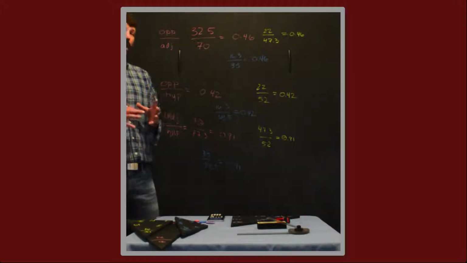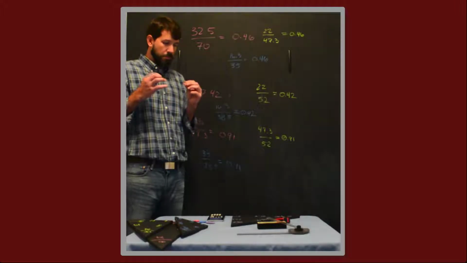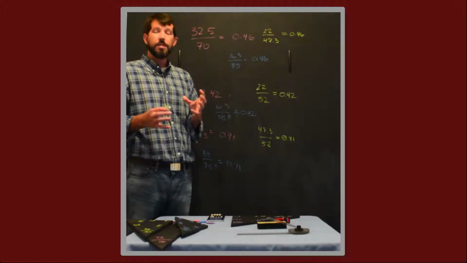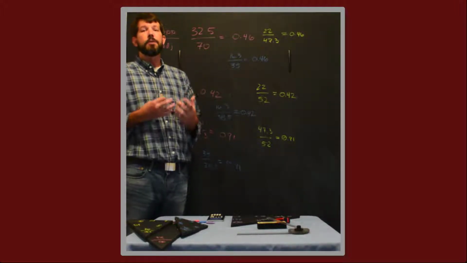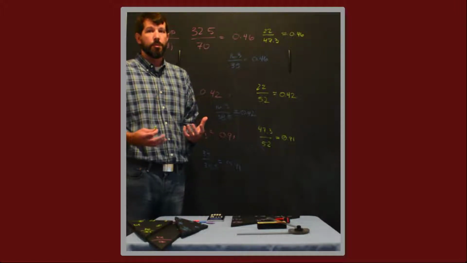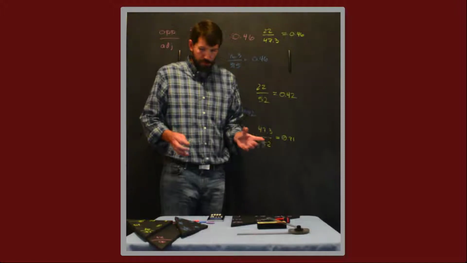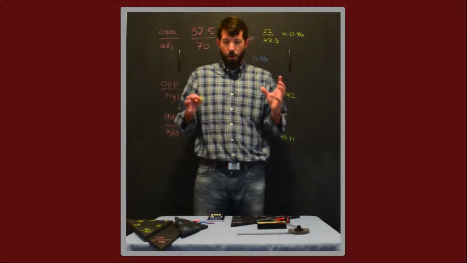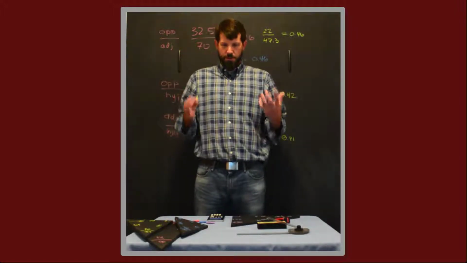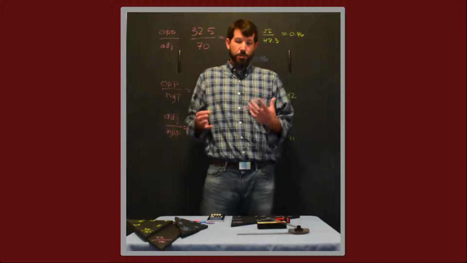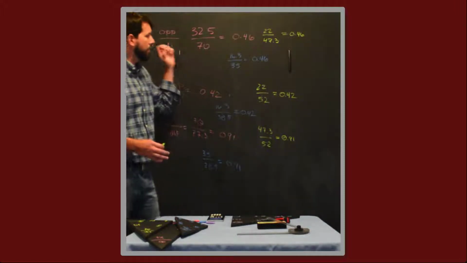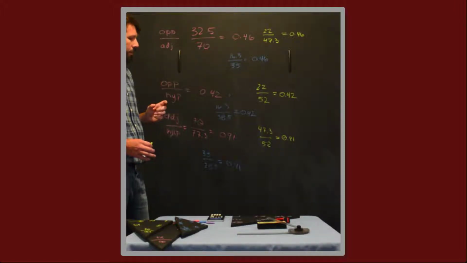So it doesn't matter what the size of the triangle is, it just matters the angle measures within the triangle. So these are all called similar triangles because the angle measures within are all the same. That makes them similar. So in similar triangles, you will always see this relationship.